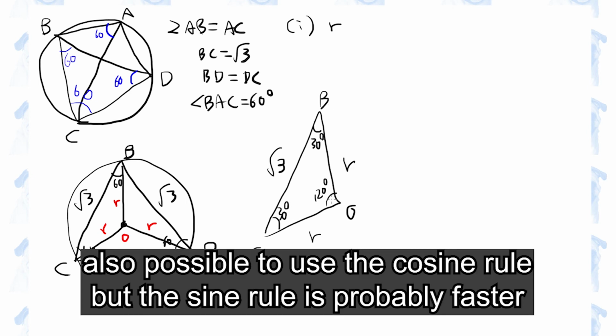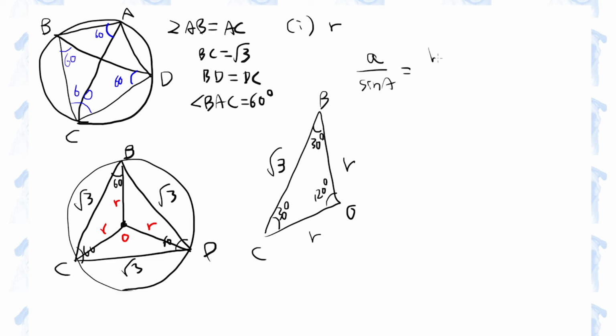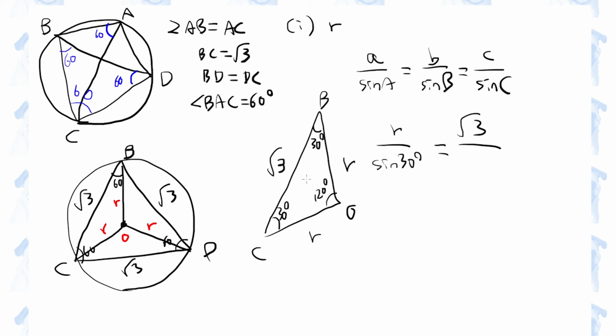And to find the radius, we can use the sine rule, which says that a over sin A is equal to b over sin B, which is also equal to c over sin C. So r over the opposite angle, sin 30 degrees, is equal to √3 over the opposite angle, sin 120 degrees.